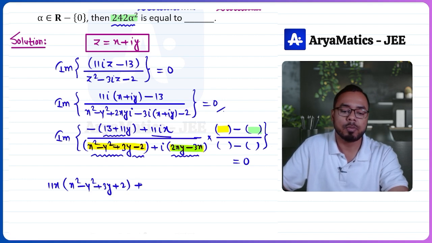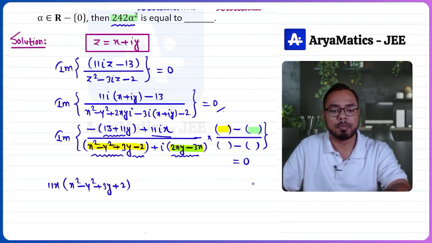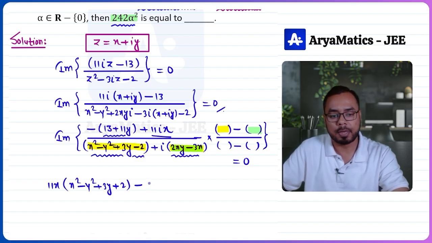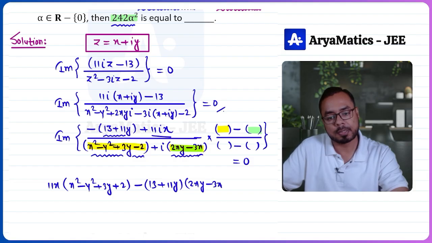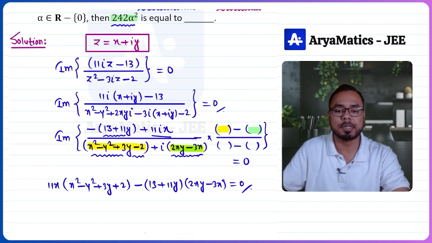This is one imaginary part you will get when you multiply 11 iota x with this term. And the second one you will get from here is 13 plus 11y, right? Minus you can keep common. So 13 plus 11y and that multiplied by 2xy minus 3x. This will be the imaginary part of that complex number and this should be 0.